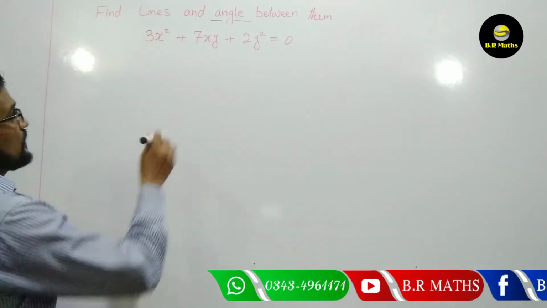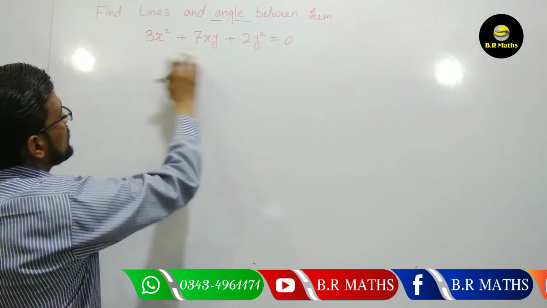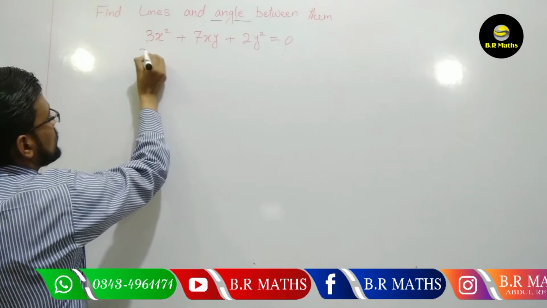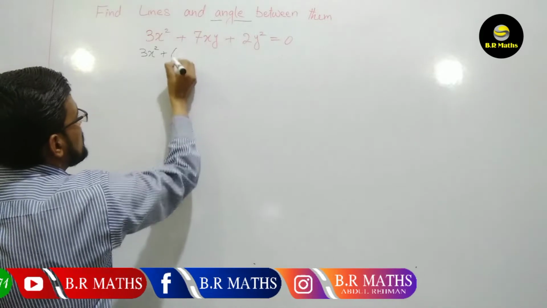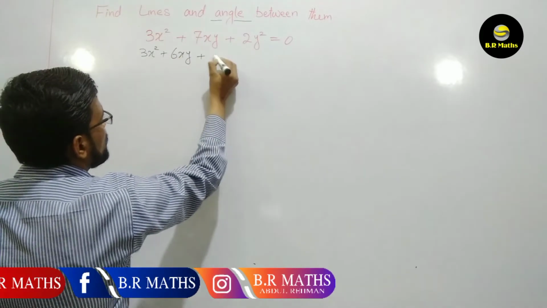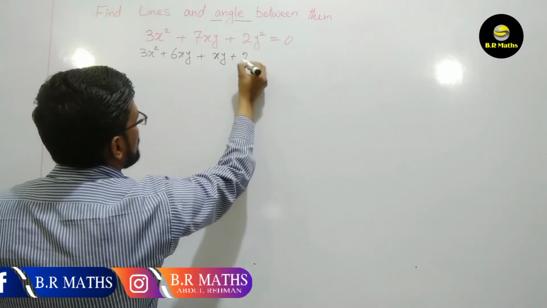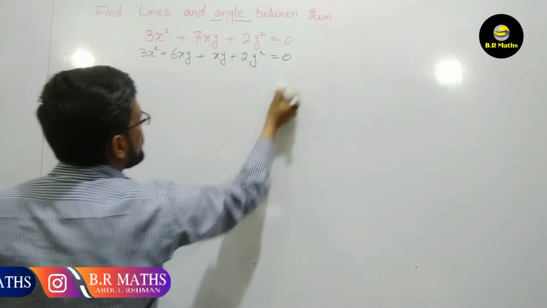Firstly, factorize this equation according to the rule. 3x square plus 7xy plus 2y square equals 0.